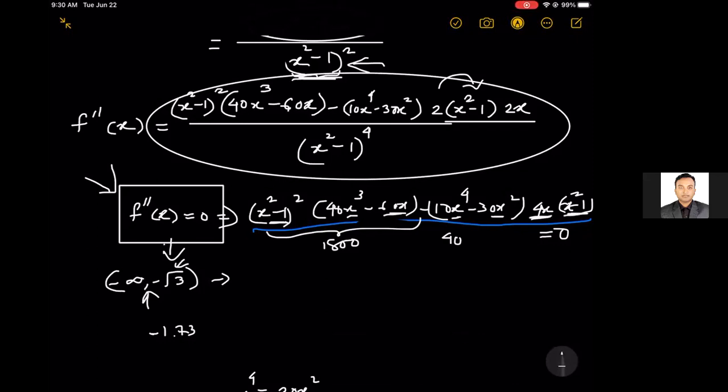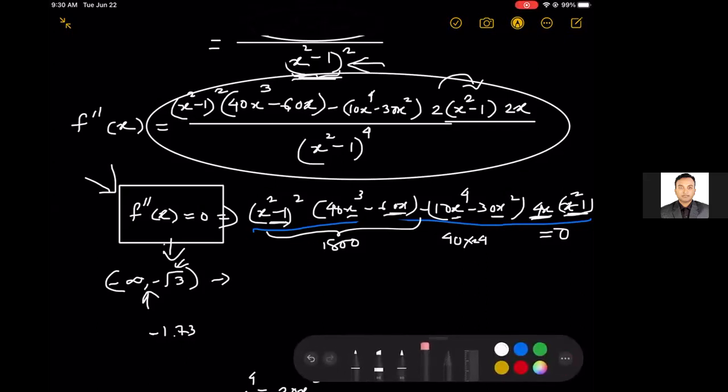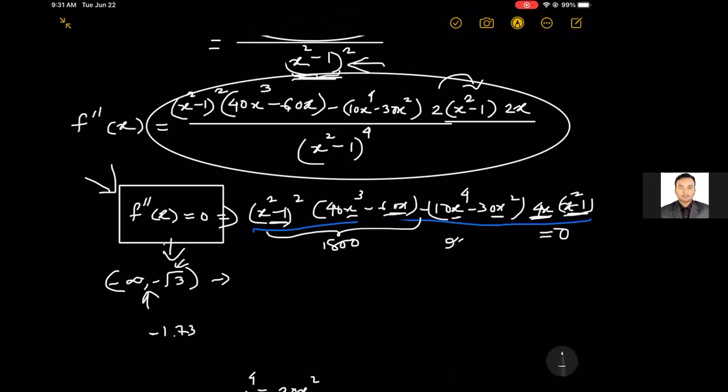So 8 times 3 is 24. So 40 times 24. Can anyone tell me the value? 40 times 24. I think it's 960. Is it? Yes, sir. Okay.